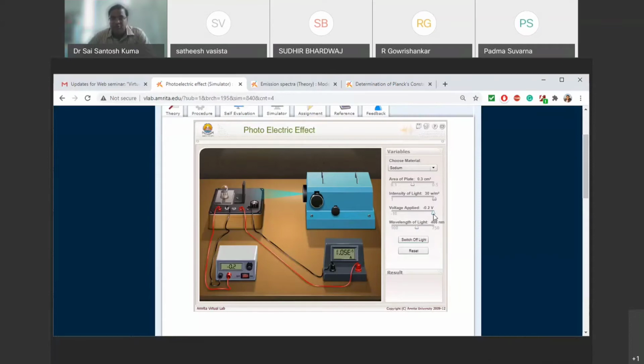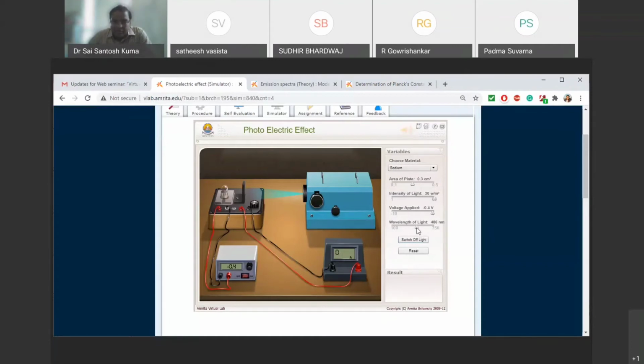What is my requirement? I should keep varying my rheostat, keep changing the voltage bias till I get the current to be 0. That's the stopping potential. Exactly at minus 0.4, I have 0. So one can say that the stopping potential for sodium at a wavelength of 486 nanometers is minus 0.4.